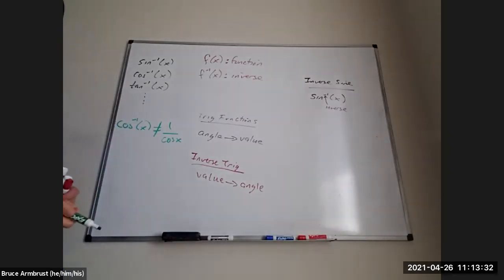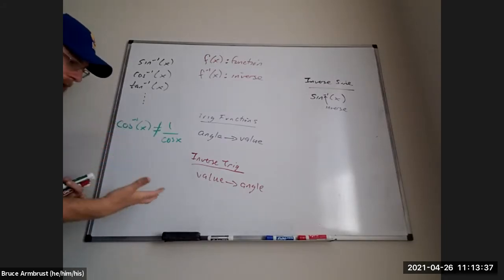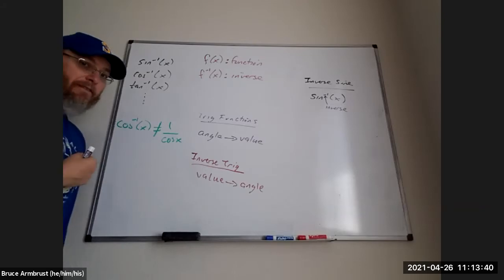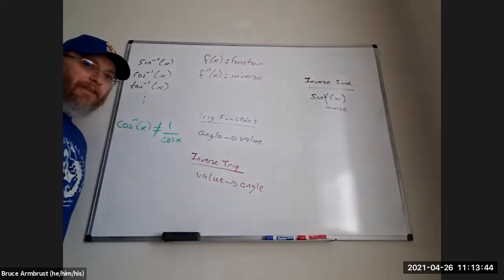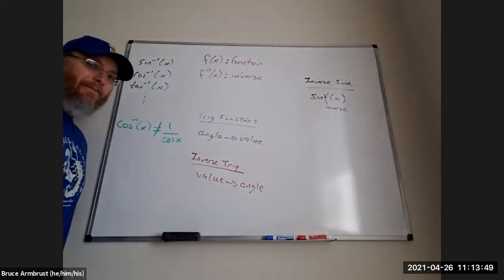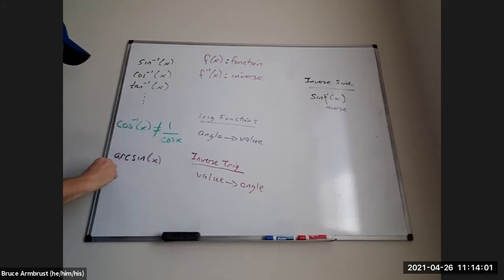All right, so this is what they look like. Now, there's another name that these sometimes go by. I'll try not to ever use this. Probably the only time I'll use it is if I'm typing something out, because it's a little bit easier to type. These are called the arc trig functions. So you'll sometimes see arc sine, arc cosine, arc tangent.